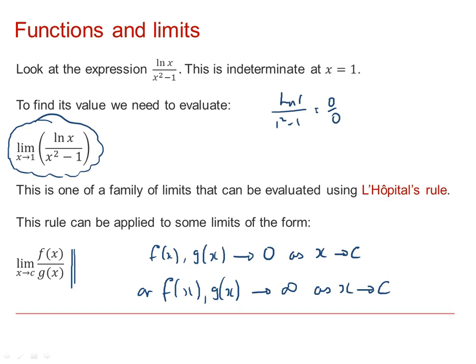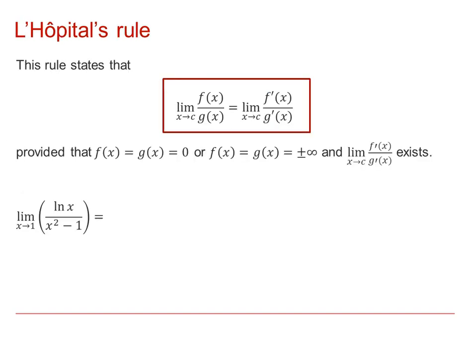And where I said infinity, that could of course be plus or minus infinity. So L'Hopital's rule says that the limit as x approaches c of f of x over g of x is actually equal to the limit of the derivatives, f dashed x divided by g dashed x.